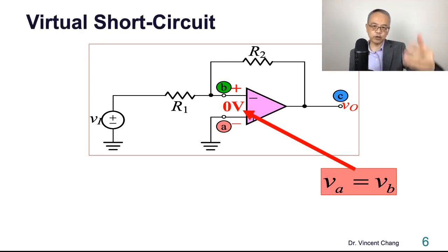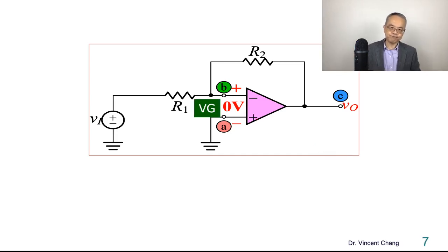This kind of short circuit is what we call a virtual short circuit, which means they are not actually short circuited, but the result is that the two input terminals' voltages are equal.